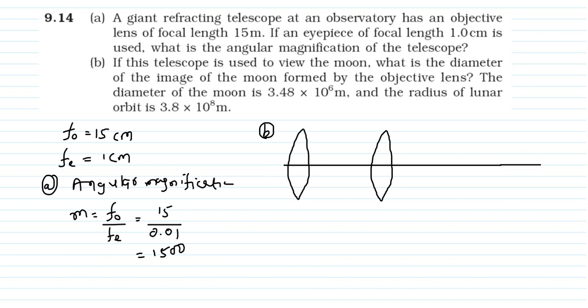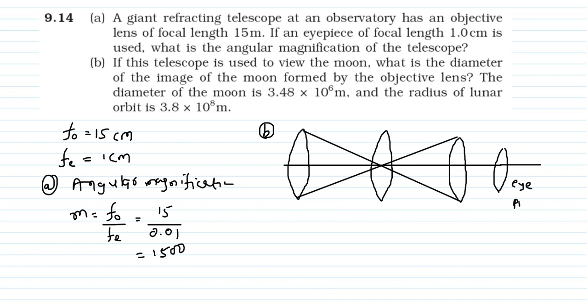And we can say that one ray goes from here through the center, and the other goes from here to this center. And here it is the moon, and you can say it is the eyepiece. This is the eyepiece, and you can say it is the image of the moon.